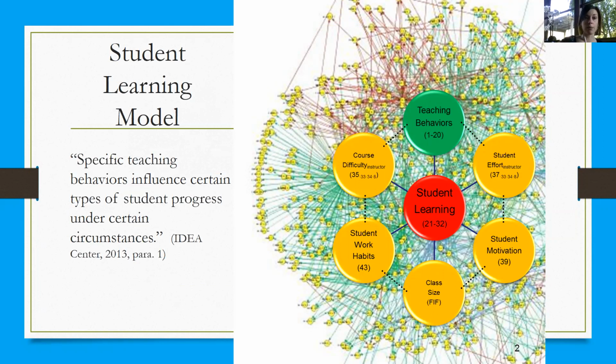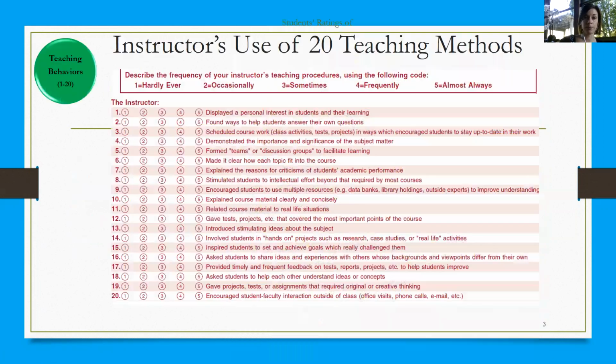That is the expressed model behind the use of these surveys. We are going to talk about these individual areas and how they relate to the overall evaluation that students will give of the course.